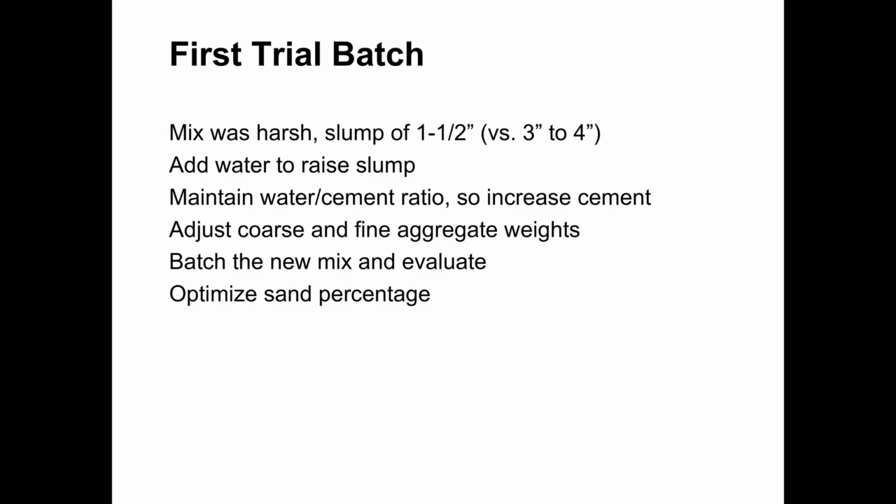Right, there's a topic in your book on page 5.9. There's a section there on optimum sand percentage. Basically, the optimum sand percentage is the ratio of sand to coarse aggregate that allows us to use the minimum amount of cement in our mix design.